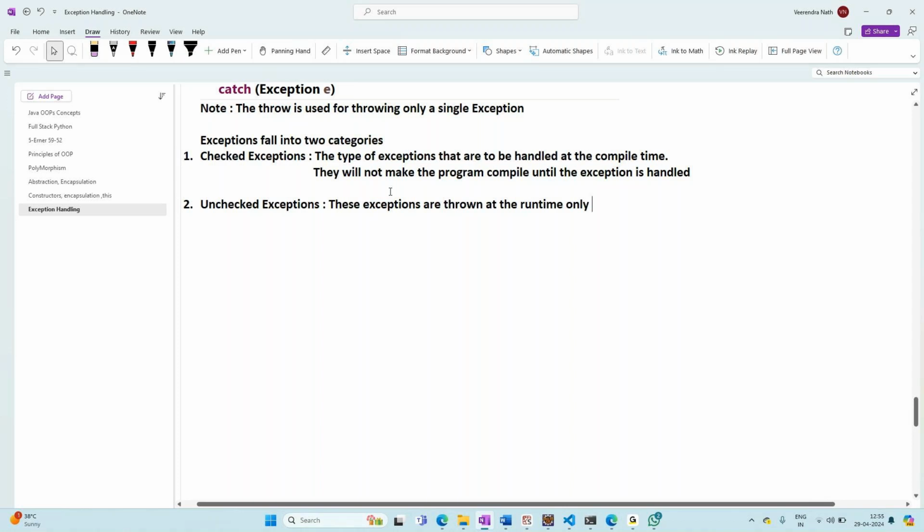They will not stop the program compilation. So unchecked exceptions are thrown at the runtime and will not stop the program compilation, whereas checked exceptions must be handled at compile time before the program compiles.